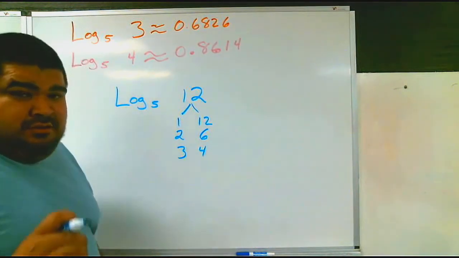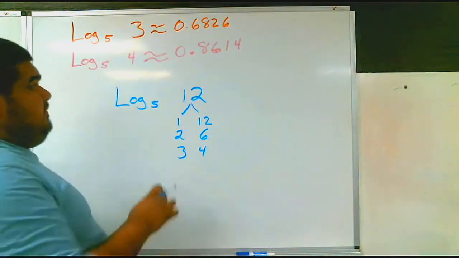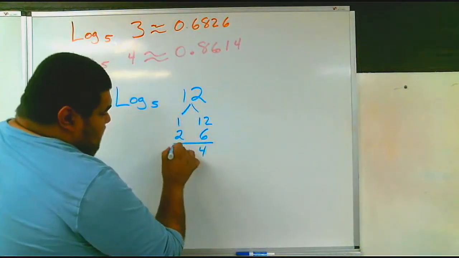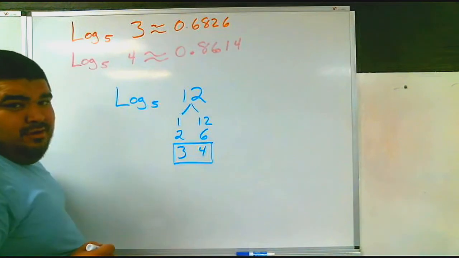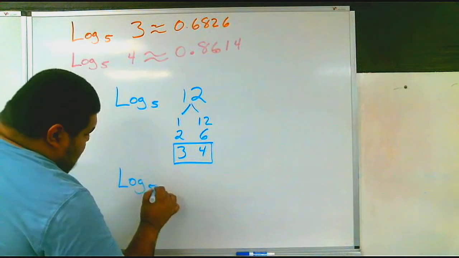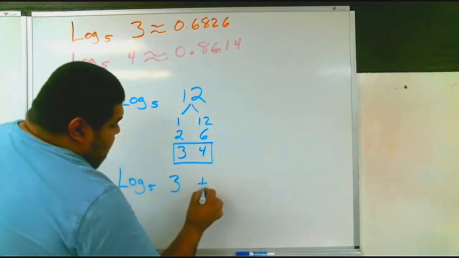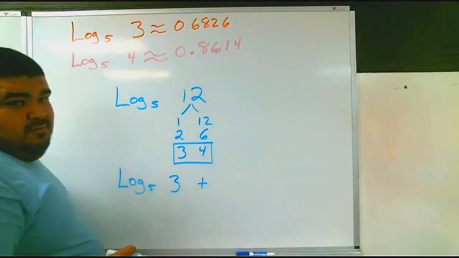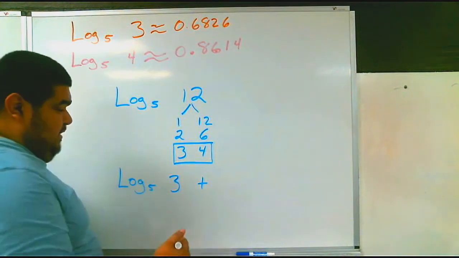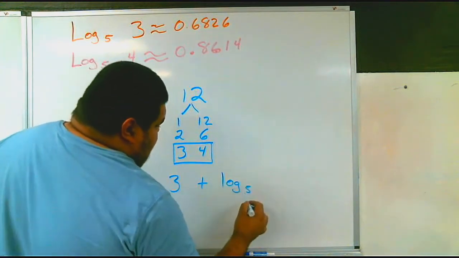Make it simple on yourself. Notice that on the rules, it pretty much already gives us 3 and 4. So we're going to have log base 5 of 3 plus, because remember, we broke it down, and the opposite of multiplication is adding, because 3 times 4 gives you 12. So log base 5 of 3 plus log base 5 of 4.